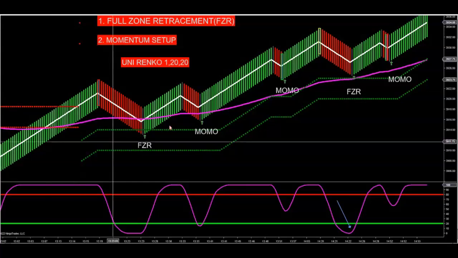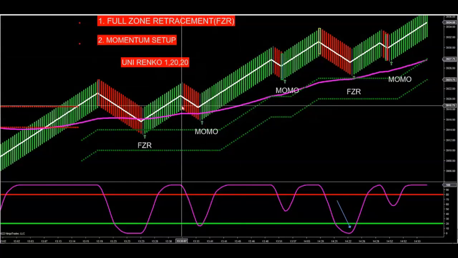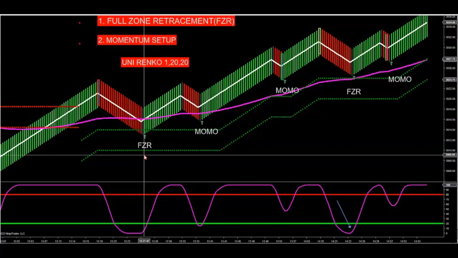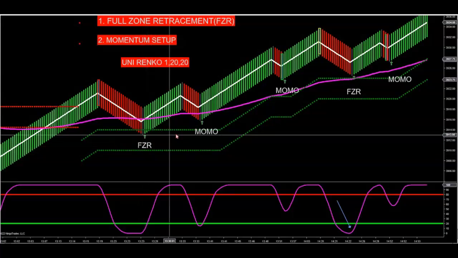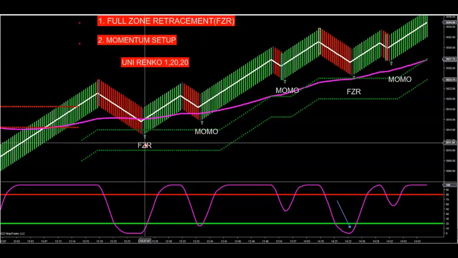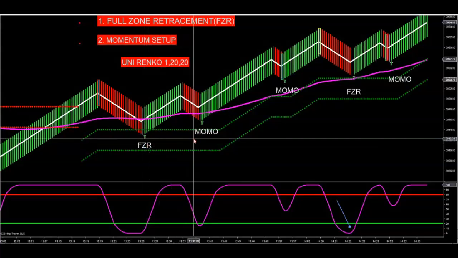Because what I like to look at, even if you'd like to trade off this time frame by itself, once an FZR comes up, the best momentum trade you're going to have is the Momo that is right after the FZR. Now, this is what's going to happen on this strategy that I'm building for you guys. It's got to come out of the FZR. It's got to come out of the zone first.